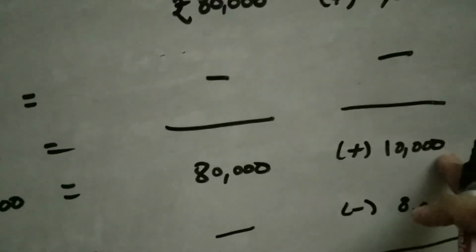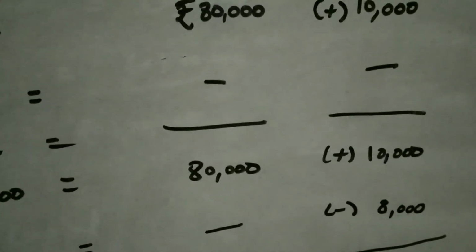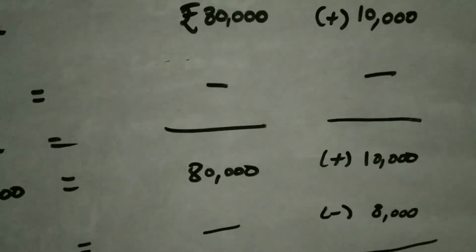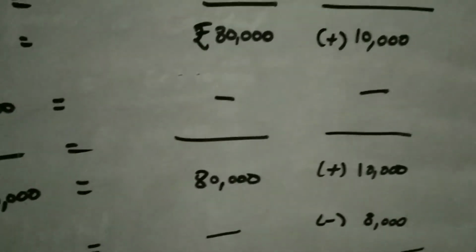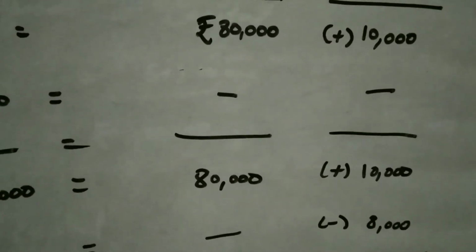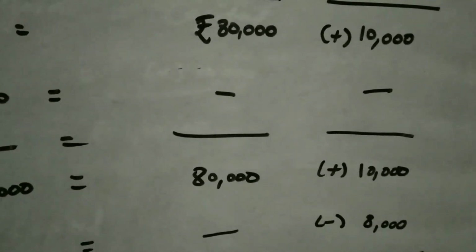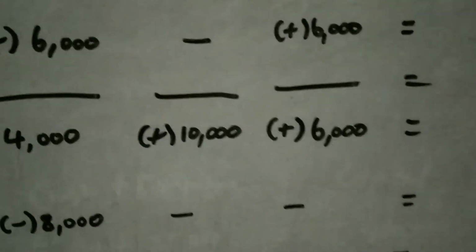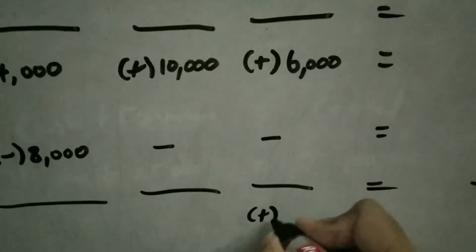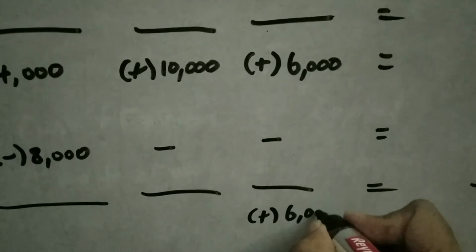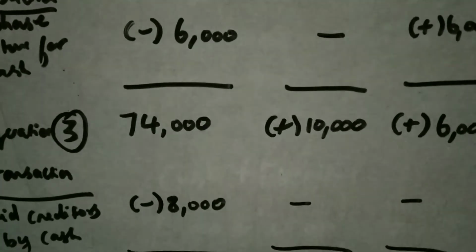So you have 10,000 minus 8,000, 2,000. That 80,000 remains the same. Here, same 6,000.